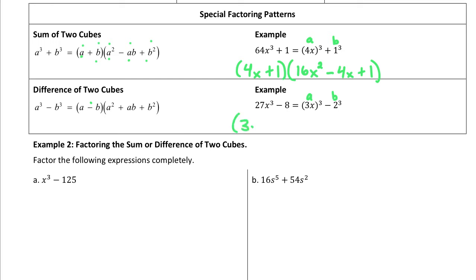So we have (3x minus 2) times, this would be 3x squared, which is 9x squared, plus 3x times 2, which is 6x, plus B squared, which is 2 squared, which is 4. So again, this is a pattern.